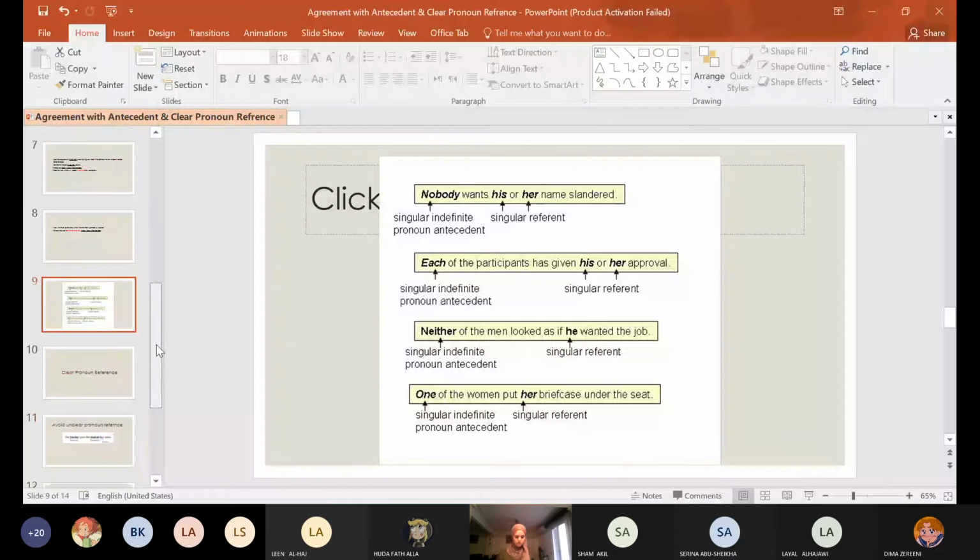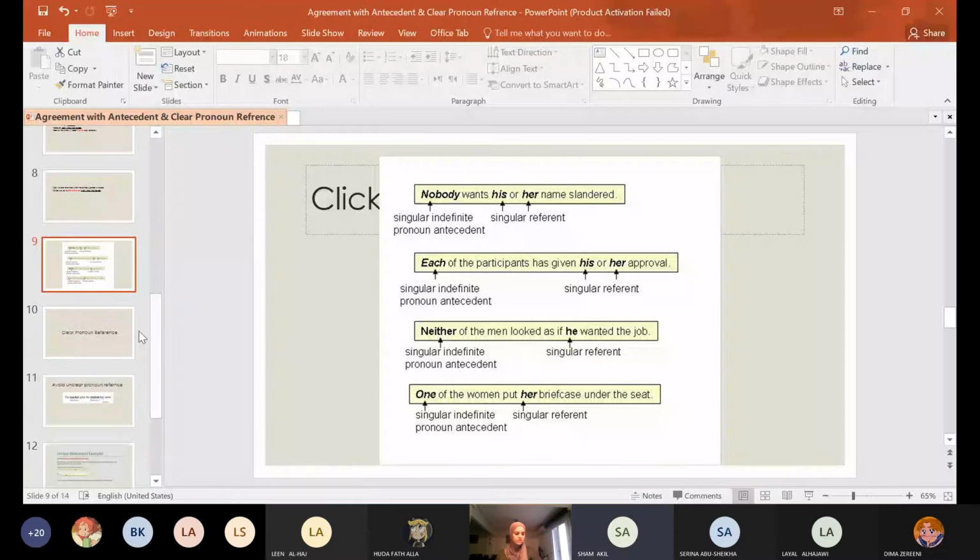Okay, so let's start, girls, answering on page 213. Sarah, number one. One of the students refused to do the assignment.